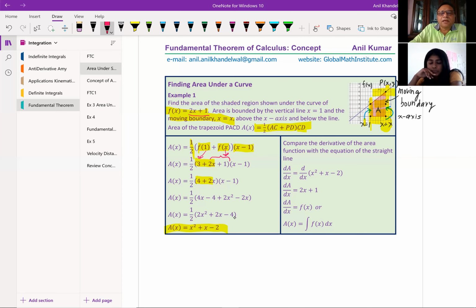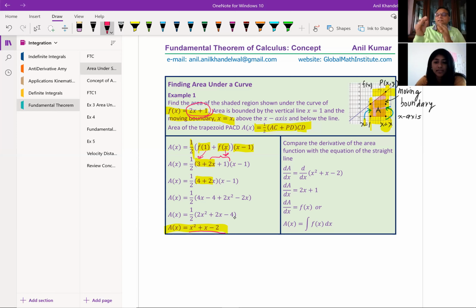And that is, if I do derivative of this, x squared plus x minus 2, what do I get? Derivative of x squared plus x minus 2 would be 2x plus 1, and the minus 2 would just be 0. So 2x plus 1 is the function itself.